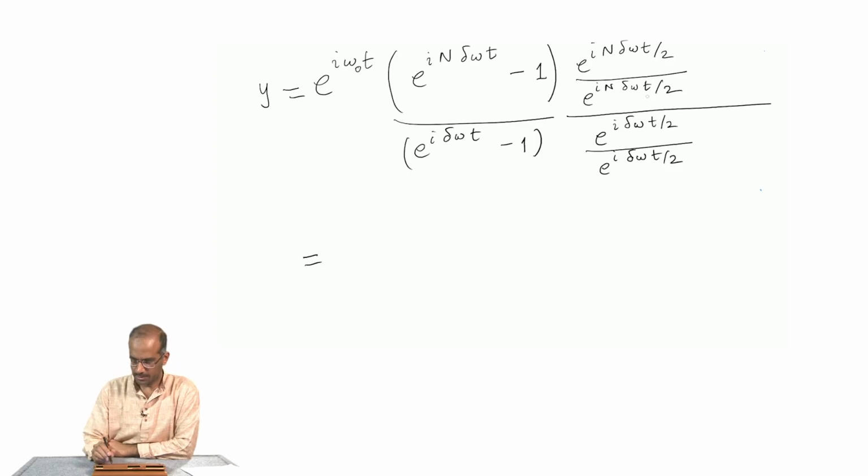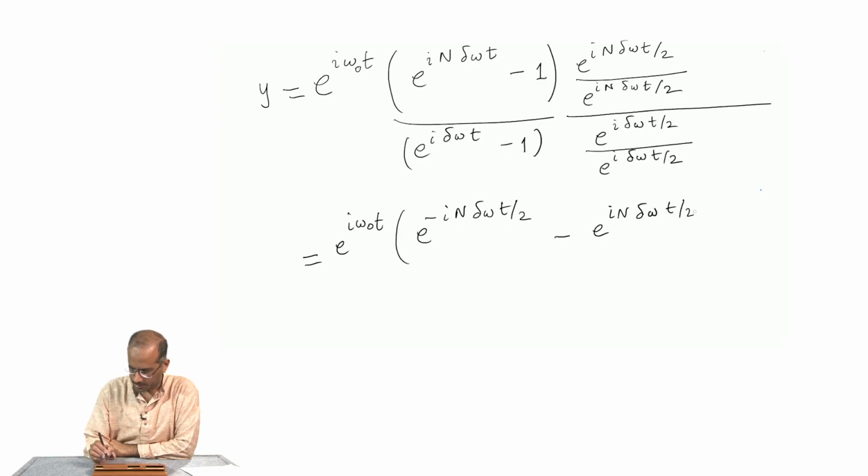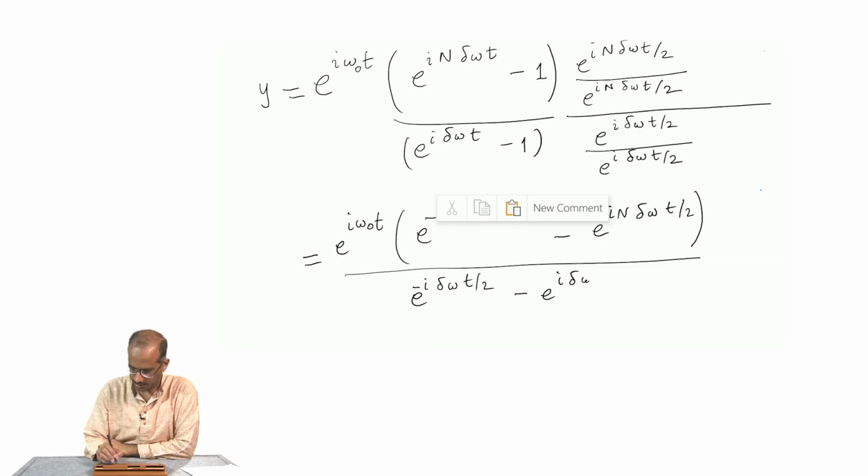If I take this denominator inside these brackets, I will get e power i omega 0 into t, and it is going to give me e power minus i n delta omega t by 2 minus e power i n delta omega t by 2. The whole thing is divided by e power minus i delta omega t by 2 minus e power i delta omega t by 2.